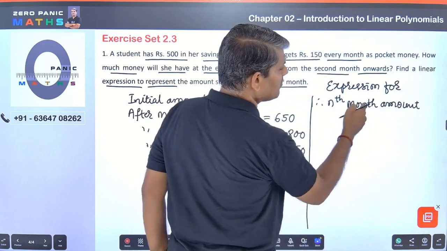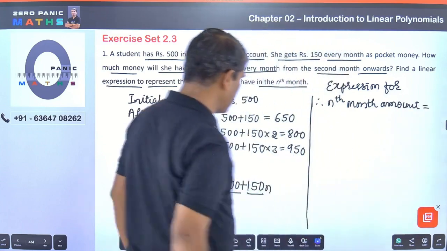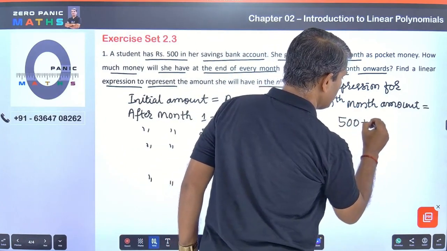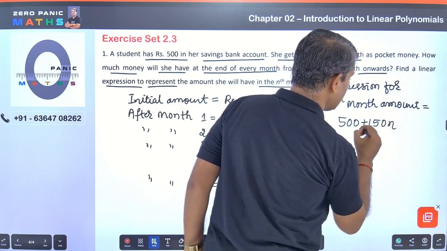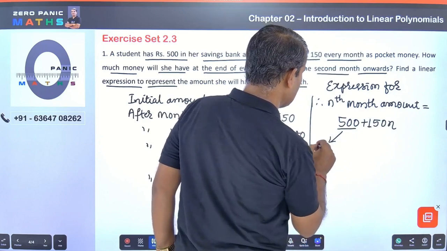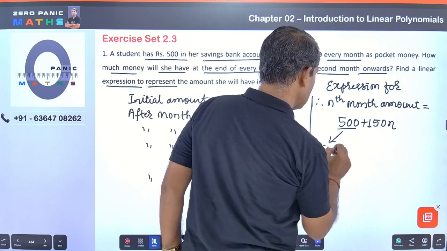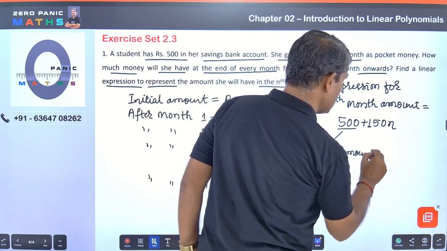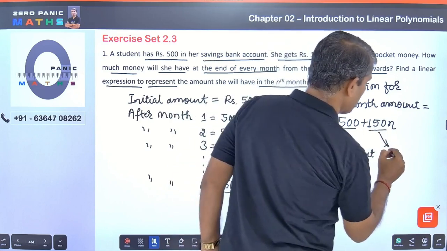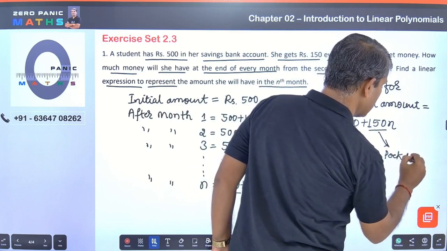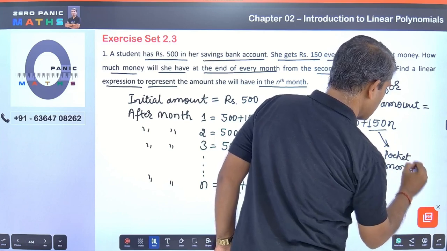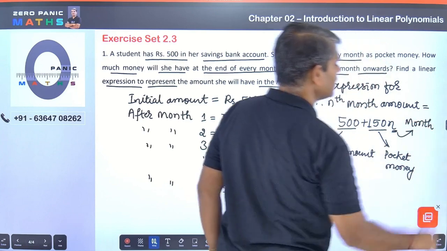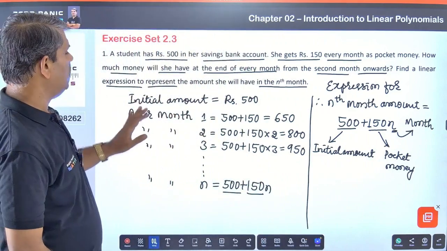The expression for nth month amount is 500 plus 150 n, where 500 is the initial amount, 150 is the every month pocket money, and n represents the month. This is how you resolve this.